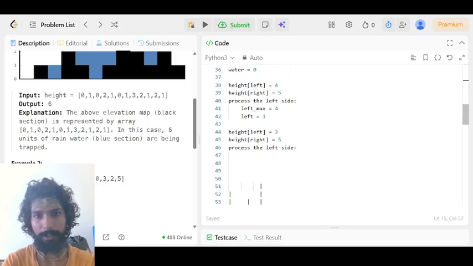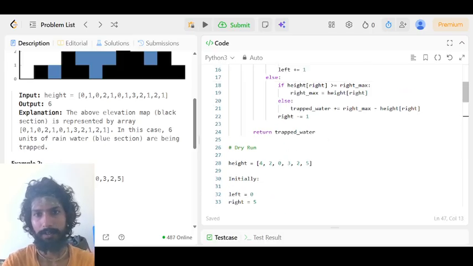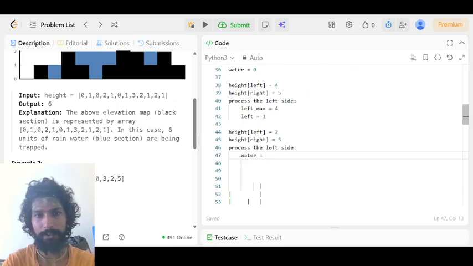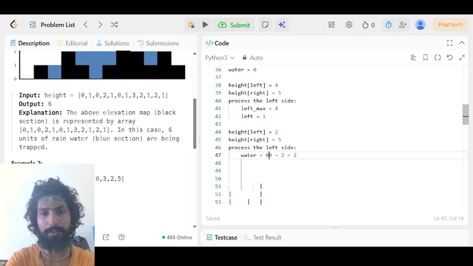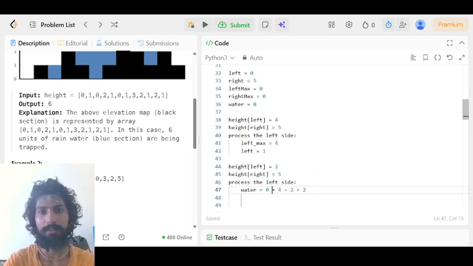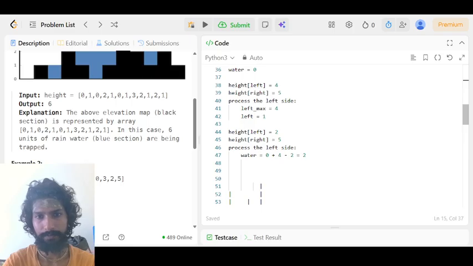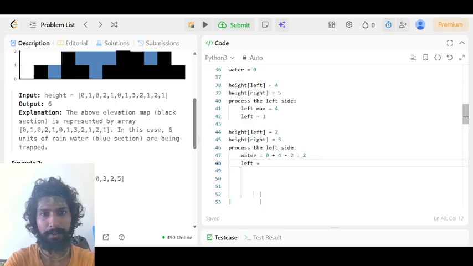So my trapped water will become, by this formula, left max minus height of left. So left max is 4 minus 2 equals 2. So 0 plus 2, plus equal to. And then my left will become equals 2.